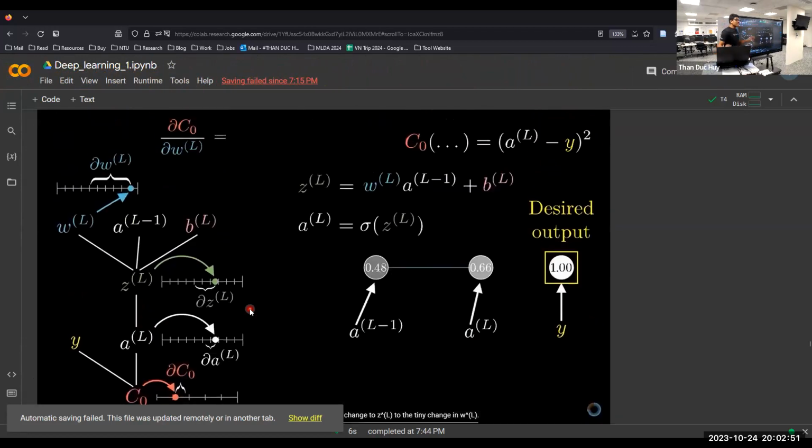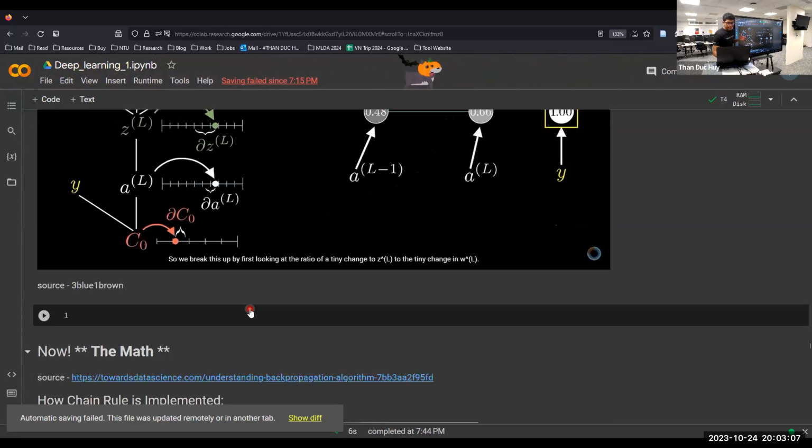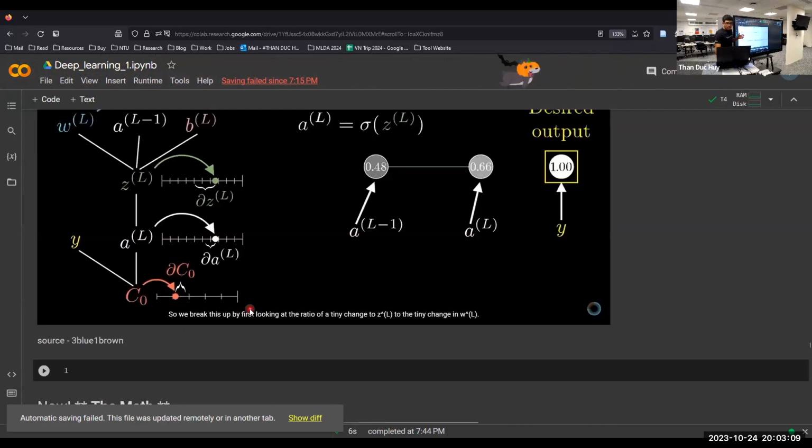The chain rule takes advantage of the fact that all of these along that line are linked together. You divide this by this, you get a certain gradient. You divide this by this, you get another gradient.